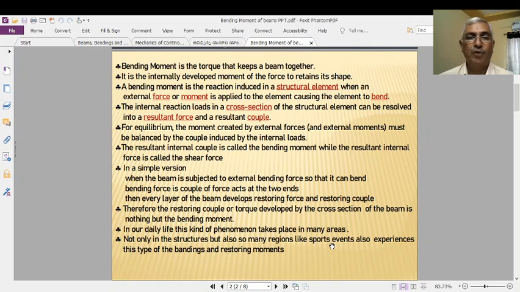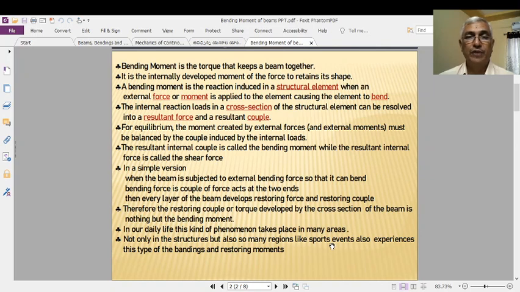This couple of forces develops a deforming couple. Because of this deforming couple, the formation or the shape of the beam changes. That is what is known as the bending of a beam. Automatically, different layers of the beam develop restoring forces.